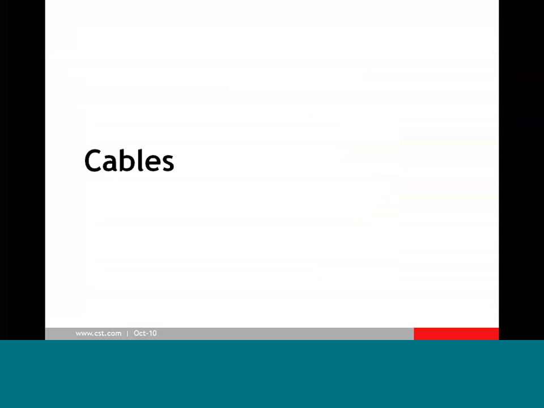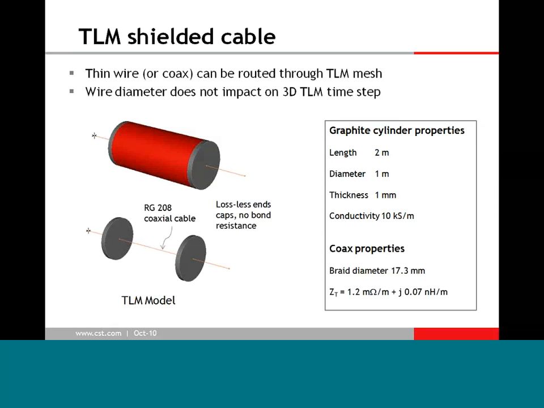Okay, so that was a little bit about modeling joints and seams. Now I want to just talk a little bit about cables. And Carl, actually this is directly one of the slides that Carl showed, and I'm just using this as a reminder that one possibility is to model cables using a thin wire approximation in our 3D solvers directly, and it is possible to convert a thin wire into a shielded cable representation, a screen cable representation, as Carl mentioned.